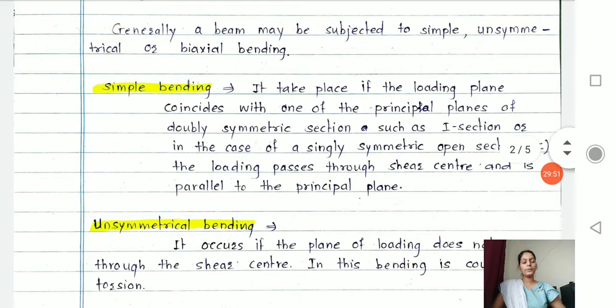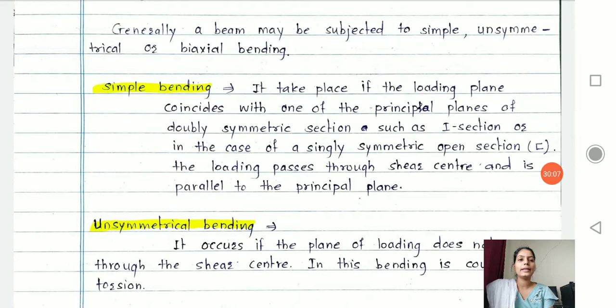Now when I said the beam is designed for bending, right? So how many types of bending come across our section? So bending also has its classification or its types that we will understand now.